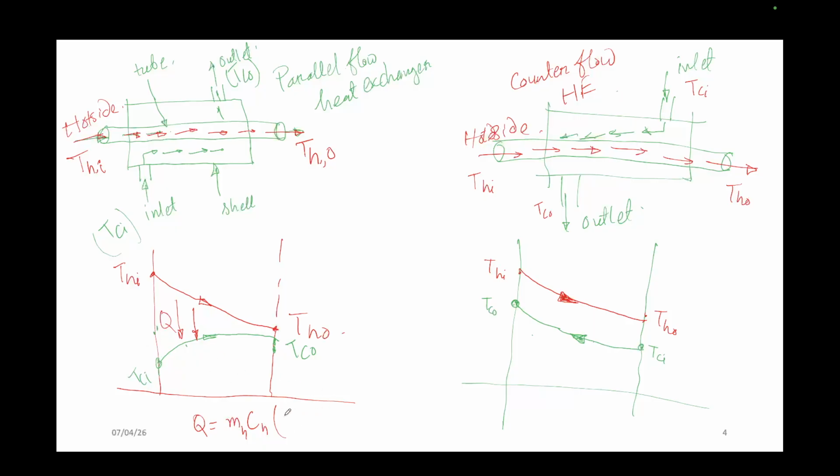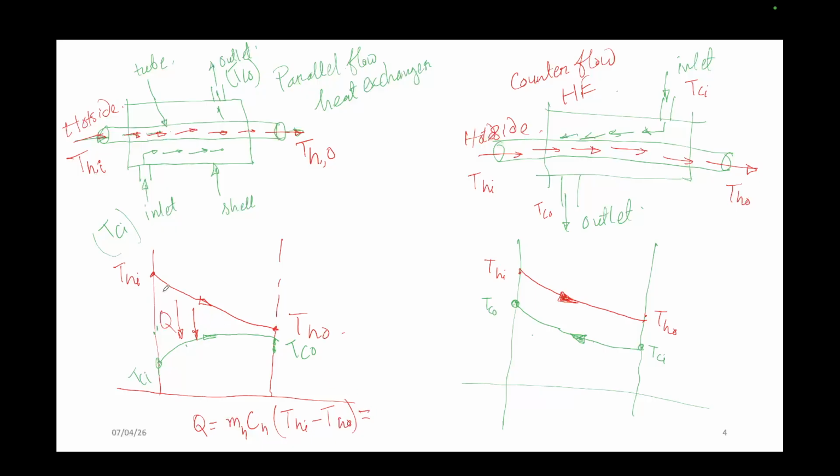So it should be THI minus THO. Whatever temperature drop, this whole temperature drop has been utilized as heat. From the Fourier law, we know that temperature drop means gradient, and gradient means heat flux. So more probably I can say it is heat, right?